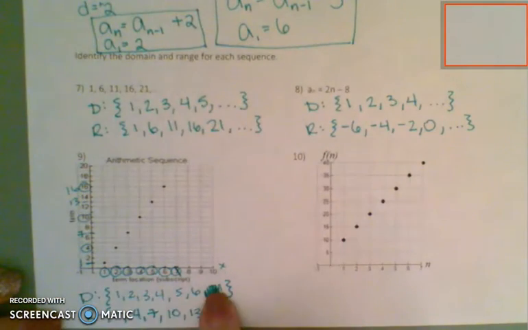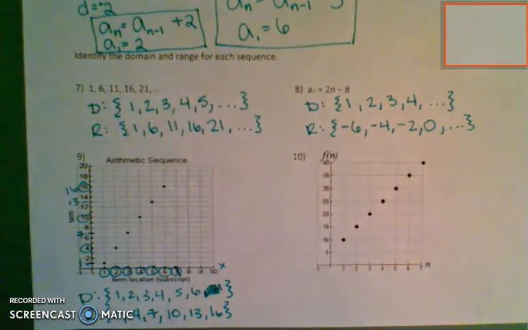So I have 6 on my domain and 1, 2, 3, 4, 5, 6 on my range. So I know I've done it correctly. Okay, you have to have the same number on both.